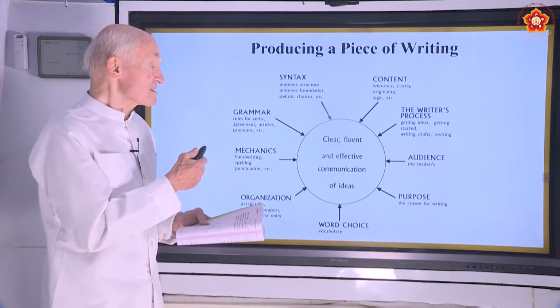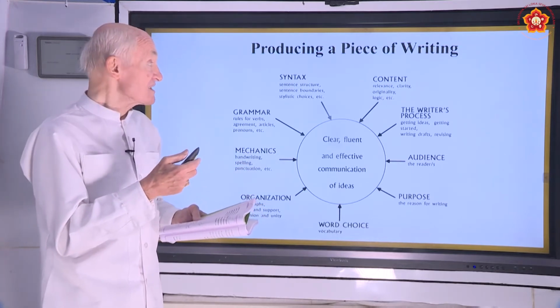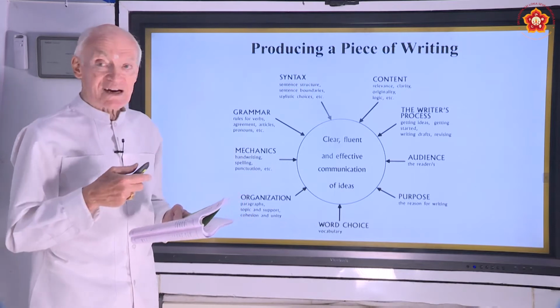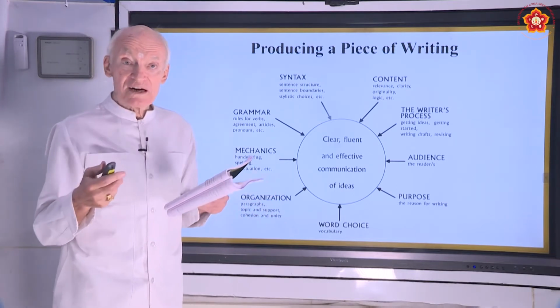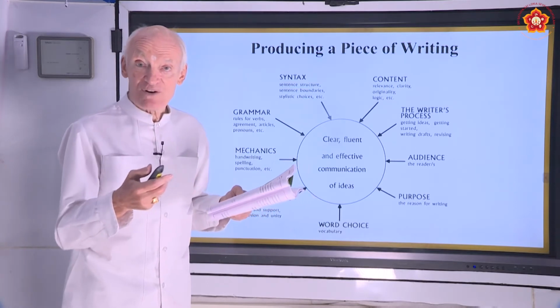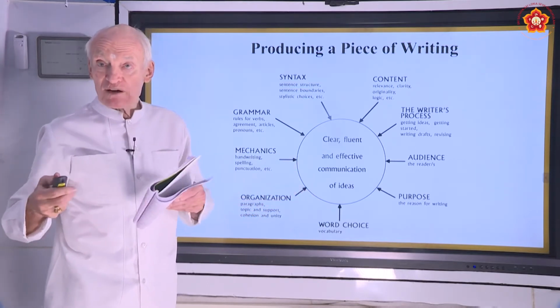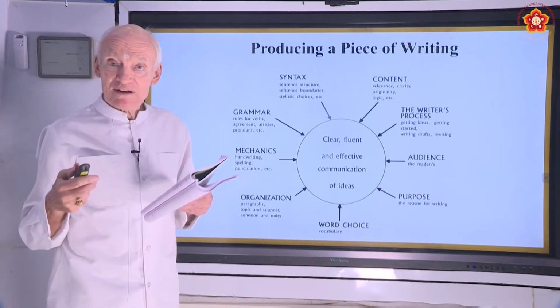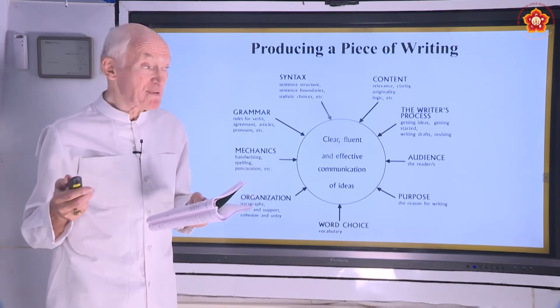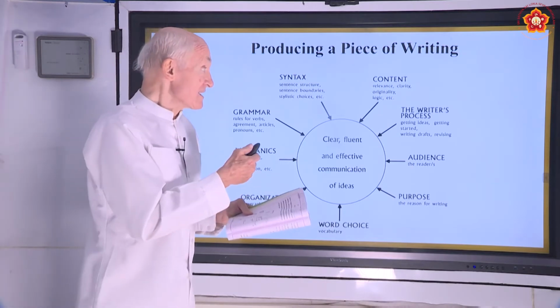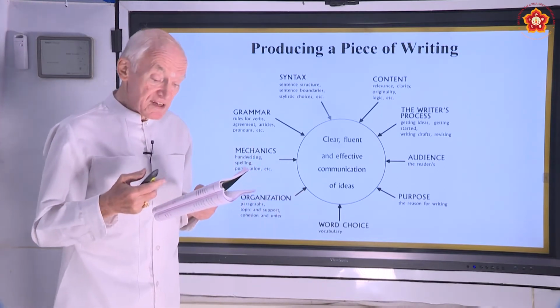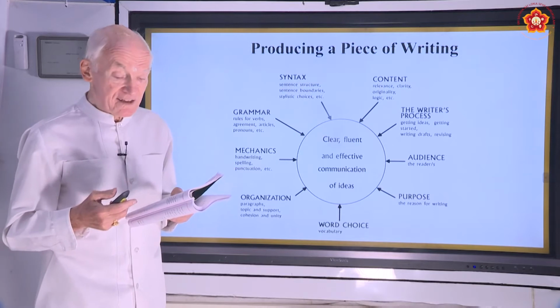The syntax is sentence structure, sentence boundaries, stylistic choices. What kind of style do we want to use? A narrative style or a creative style? We want to see which one would be better for this particular subject. And then we go into our content. Content is the relevance, clarity, originality.